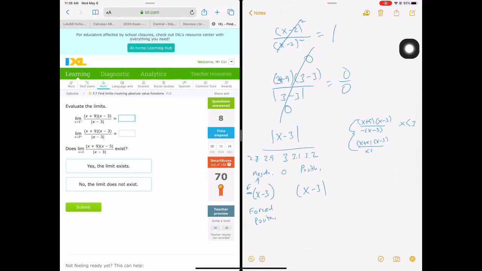And this only happens when x is greater than 3. Okay, so now that we got rid of the absolute value sign, we can start canceling out our common factors.